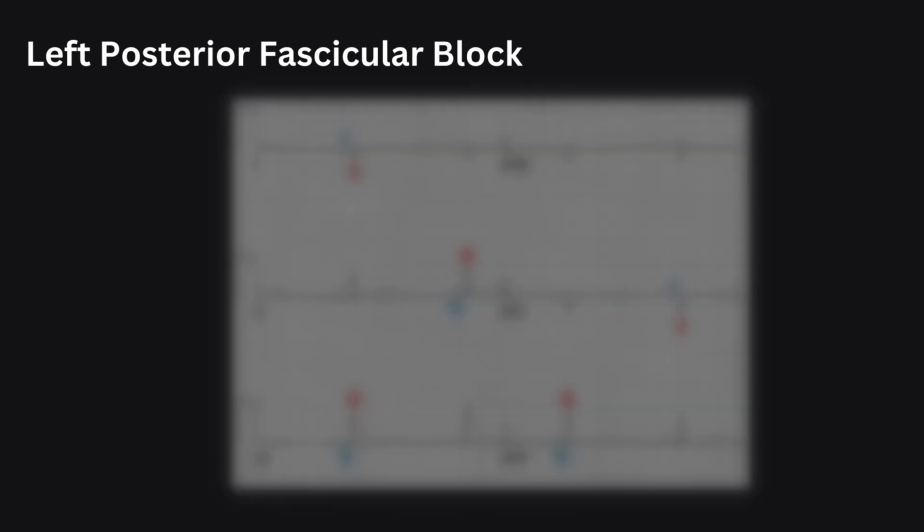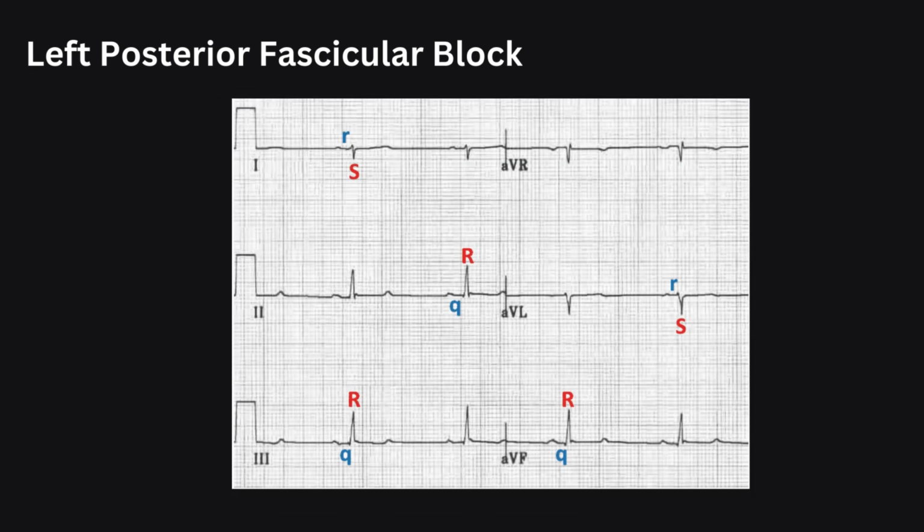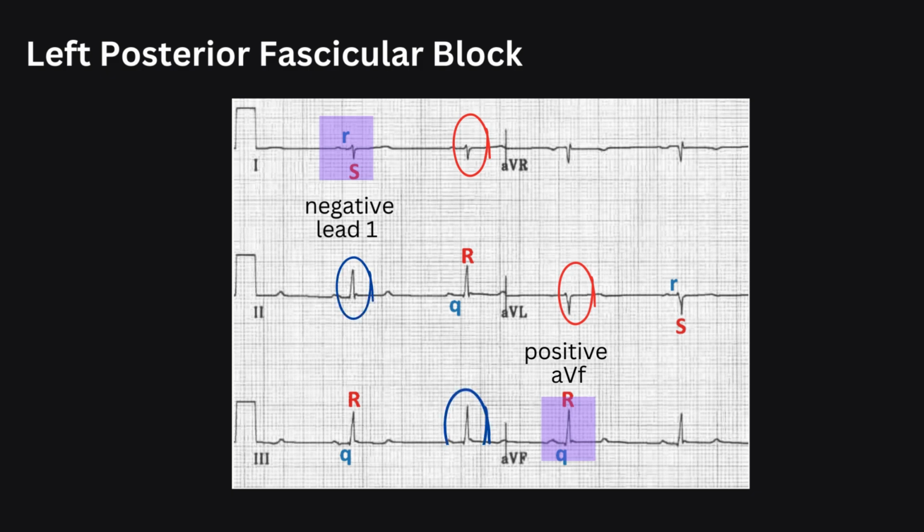While in LPF, left posterior fascicular block, there will be right axis deviation, RS complexes in leads I, aVL, QR complexes in leads 2, 3, aVF. Prolonged R wave peak time in aVF.